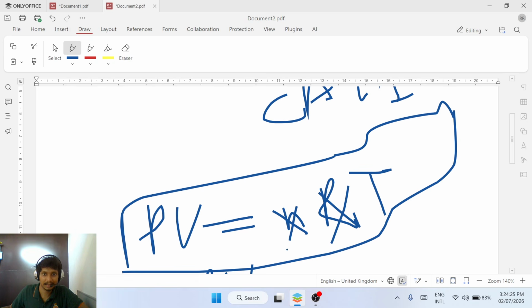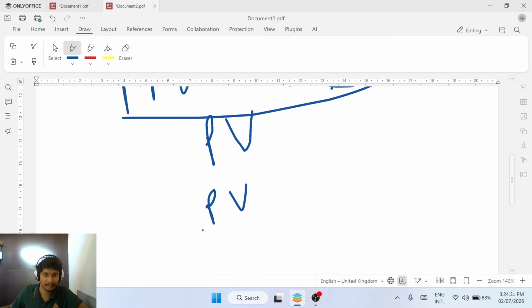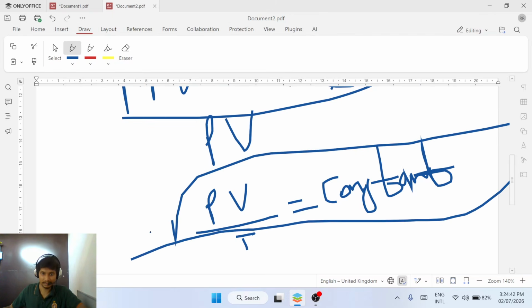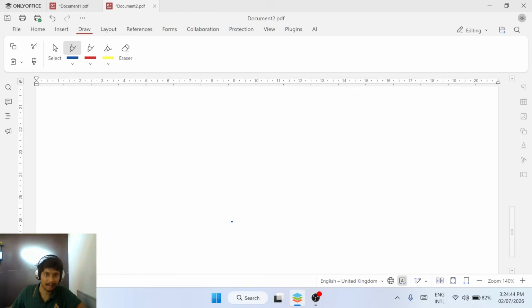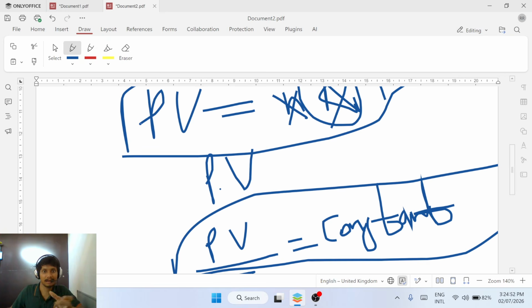If n is constant and R is always constant, therefore PV by T is equal to constant. We already studied this in advanced level. Sir said that we need equations like this, which we studied in chemistry and physics also. It will be helpful for tomorrow's exam.